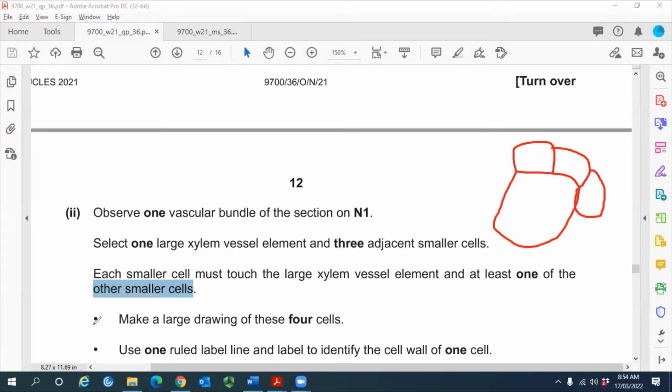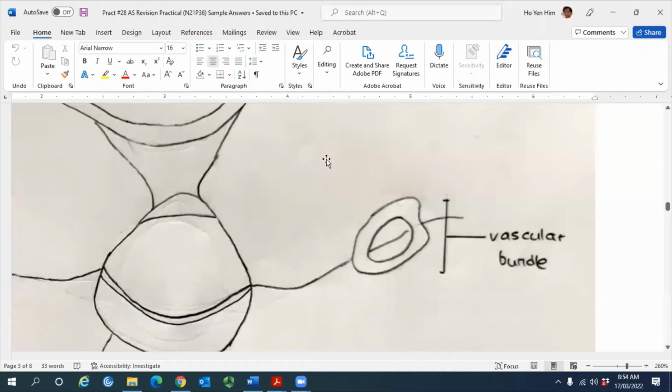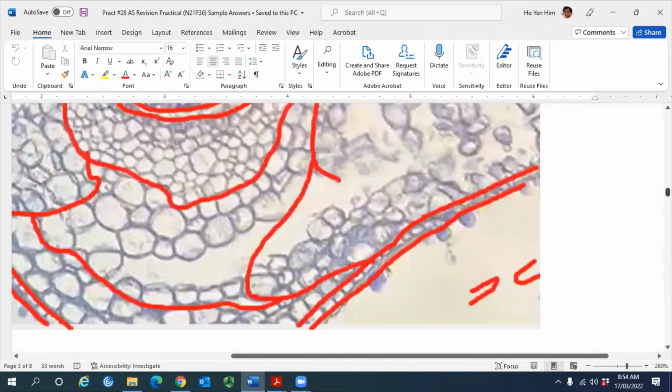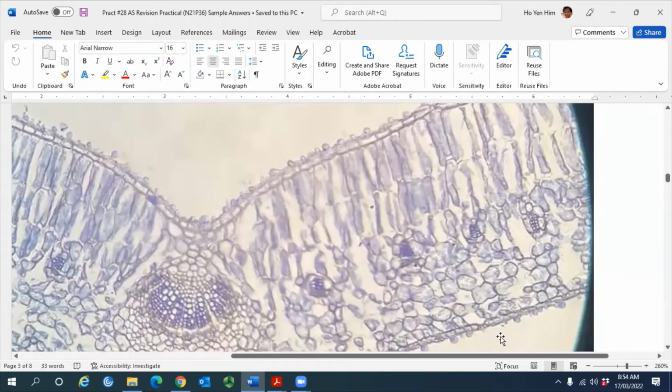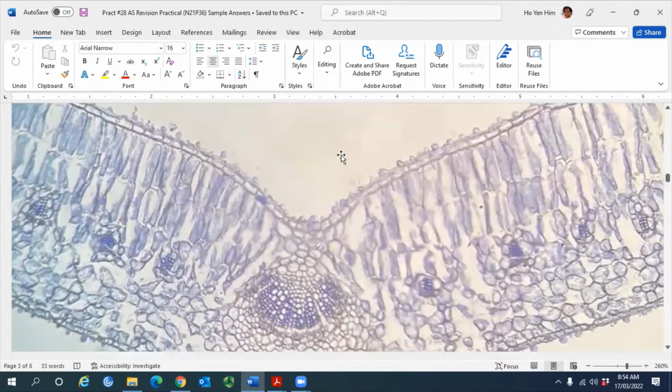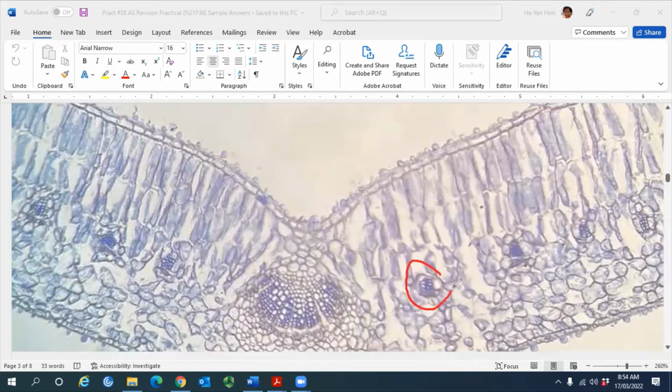So make a large drawing of these 4 cells, only 4 cells. Use one root label line and label to identify the cell wall of only one cell. So based on this question, when you go to the slide and choose which part you want to draw, some students came to this side and tried to draw from here.